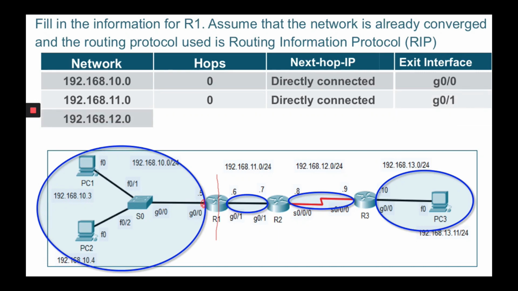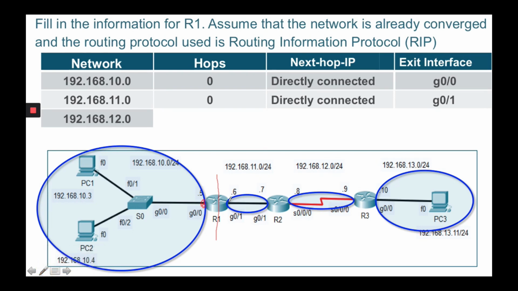Now, the next scenario: if router 1 would like to route to 192.168.12.0. This belongs to multiple networks, right?